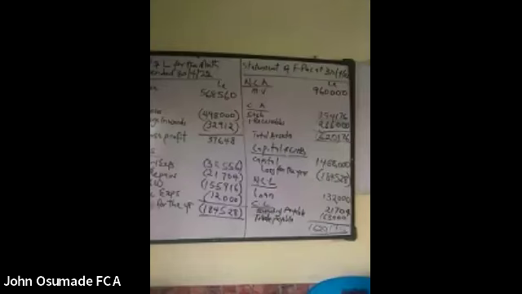So all these figures, capital plus liability, you must add them up and they must agree with total assets up there. If it agrees, it means your financial position, balance sheet, is agreeing. What it means is that you have prepared your final account.